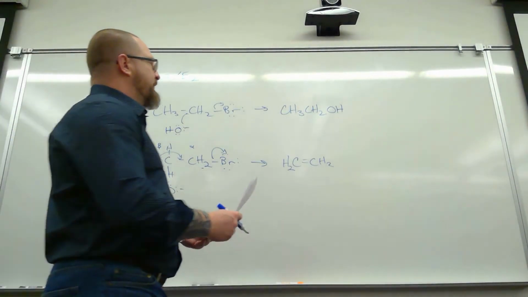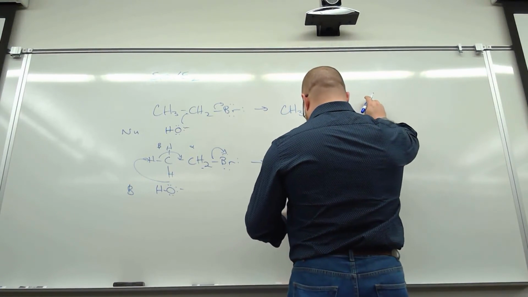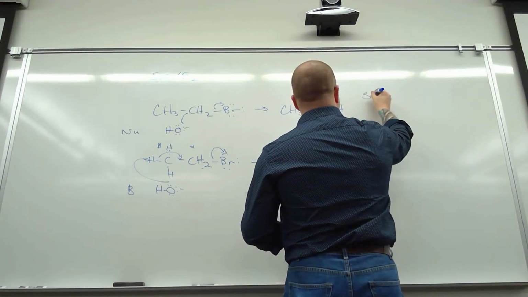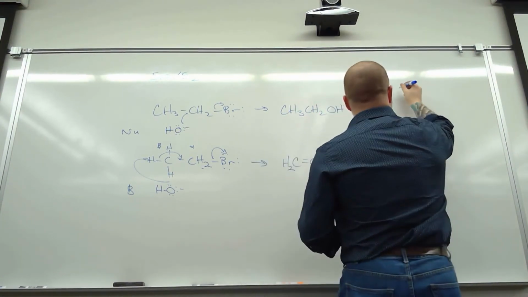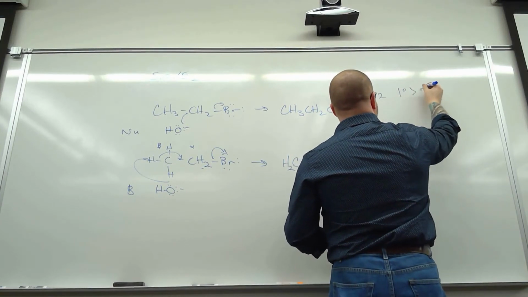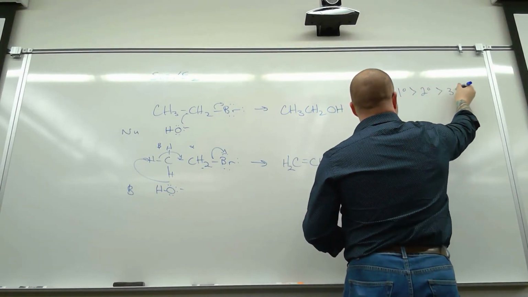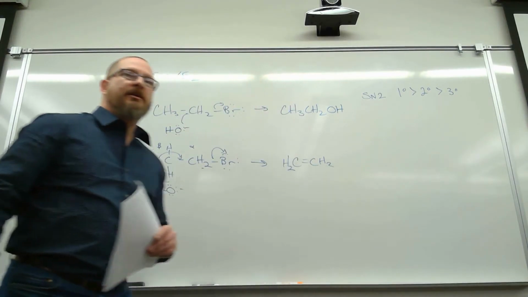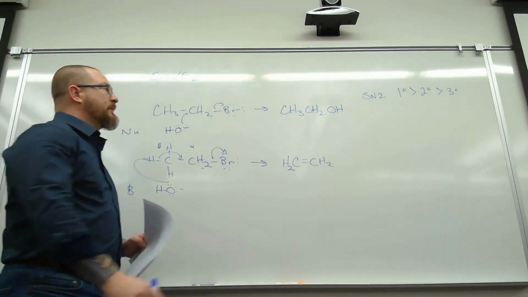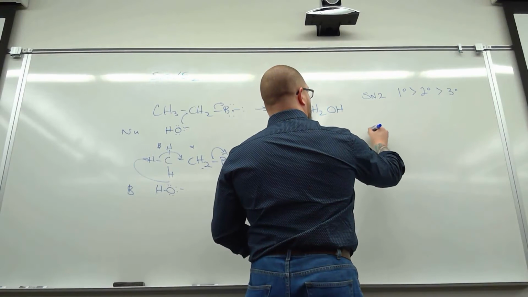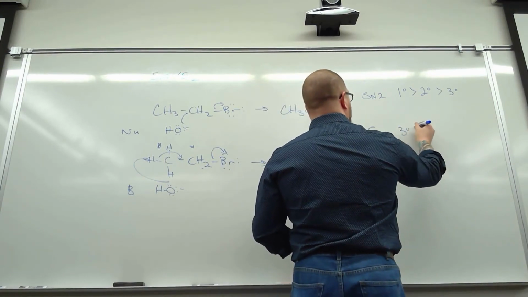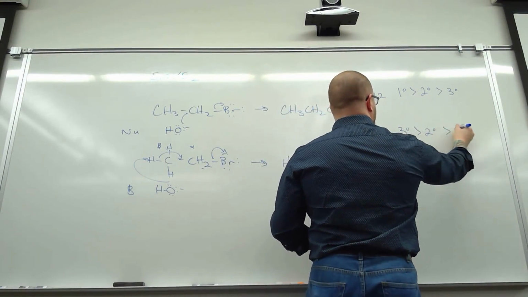Well, first off, rules of priorities. For an SN2 reaction, primary will be favored over secondary, over tertiary, in terms of the speed of the reaction. For E2, tertiary will be favored over secondary, over primary.